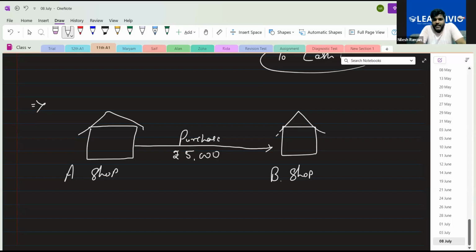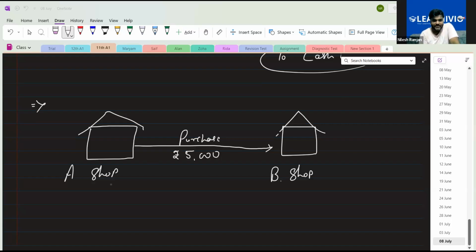If A is purchasing goods from B, then who will issue the invoice? Actually, both are shops.